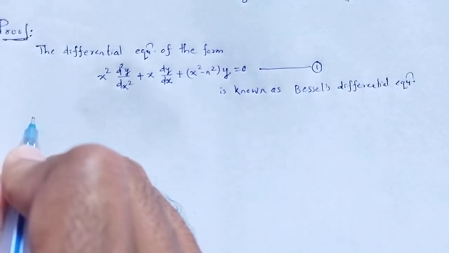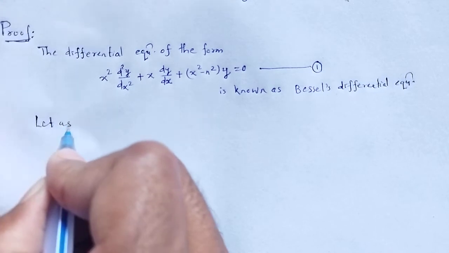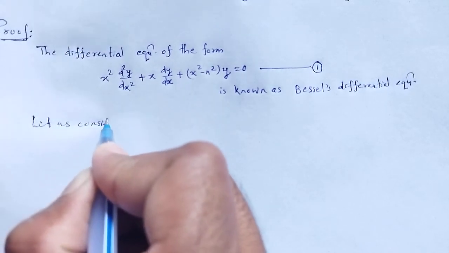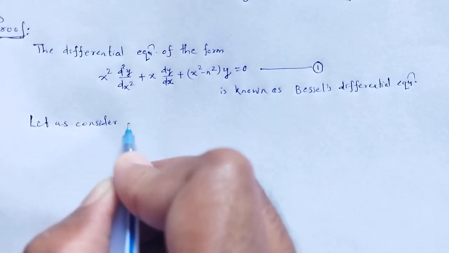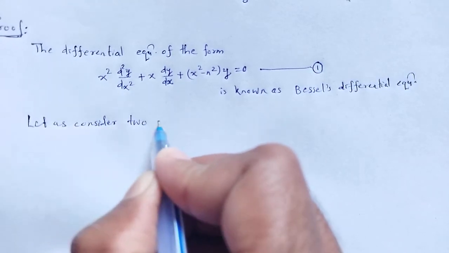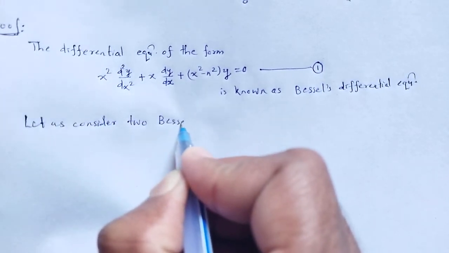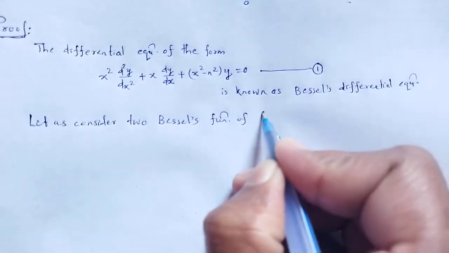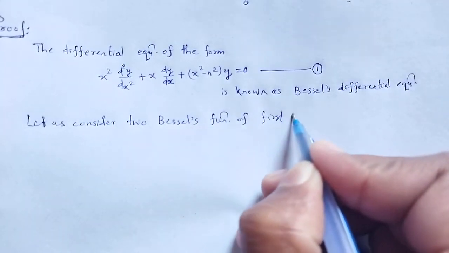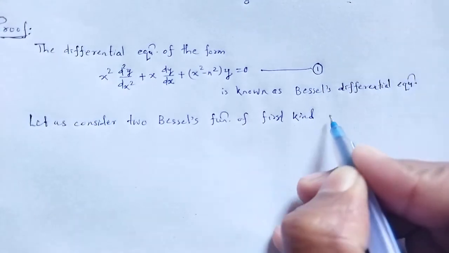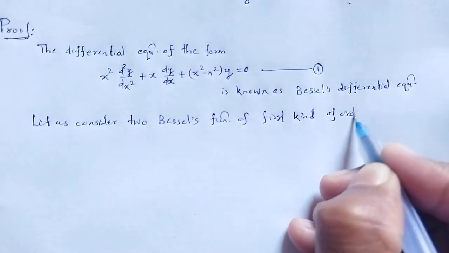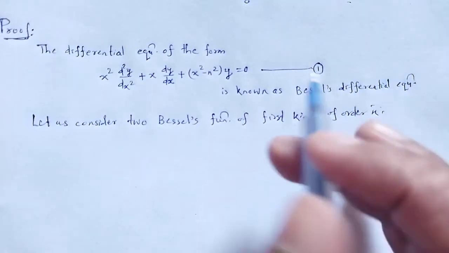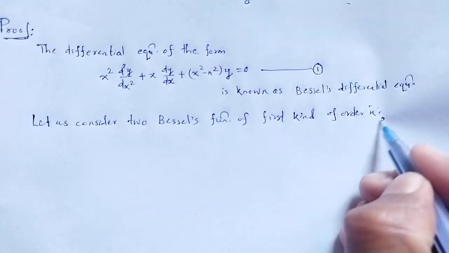Let us consider two Bessel's functions of first kind of order n.